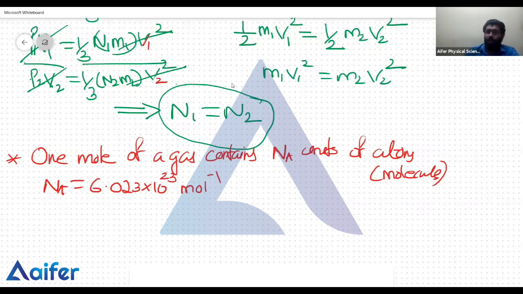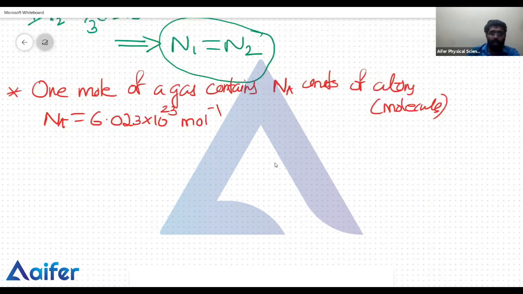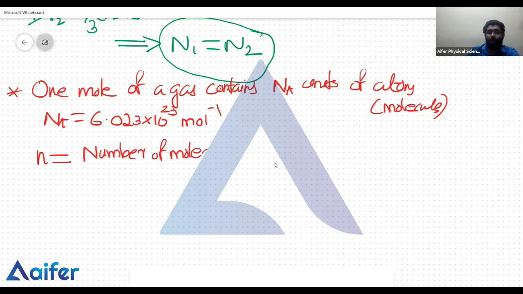Okay. So how do you calculate the number of moles? It is very important in our calculation. Let it be n number of moles. Then what do you have to do? Number of molecules or atoms divided by Avogadro number.